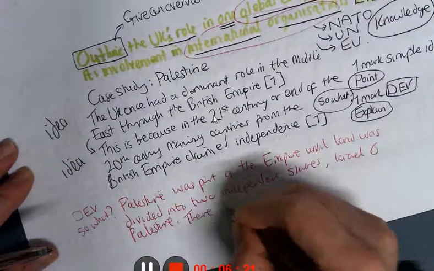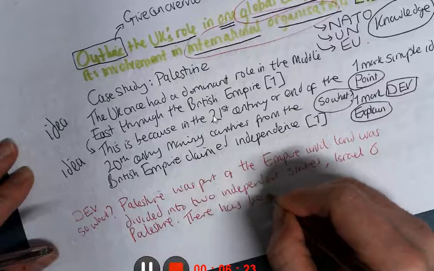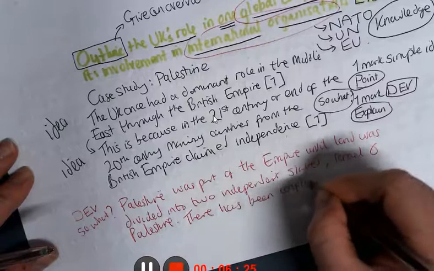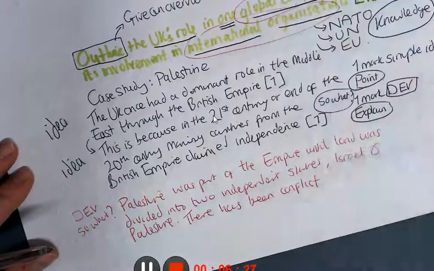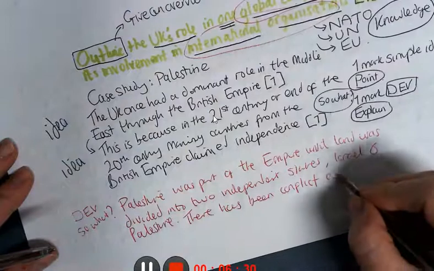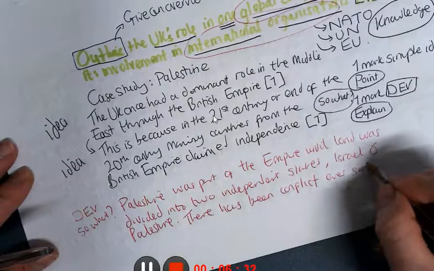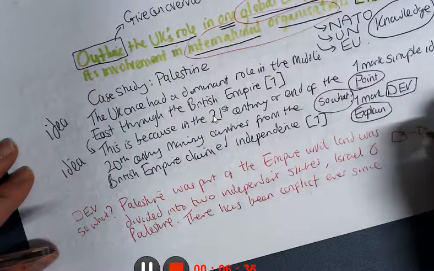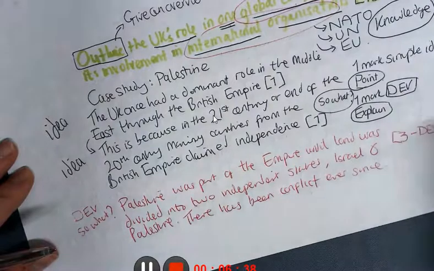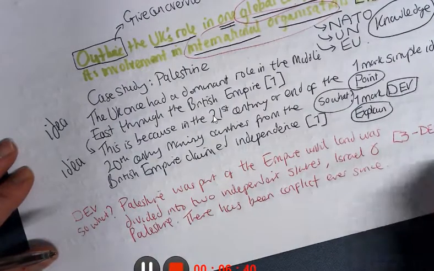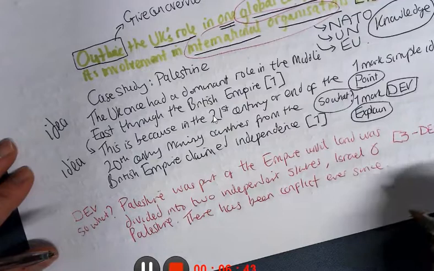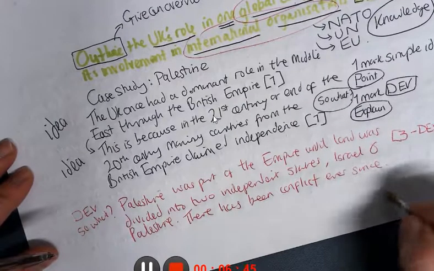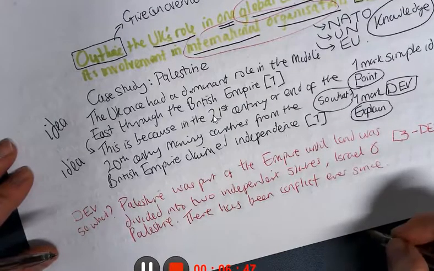There has been conflict, see the word back into the question, conflict, ever since. A lot of you met this point, and there is your 3rd mark, and they would write in the exam, develop. But we stopped here, we didn't write anything else. So we maximised our marks to 3, but kept ourselves from getting 4.